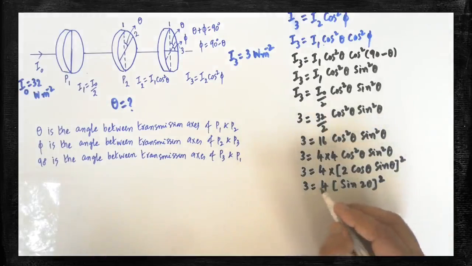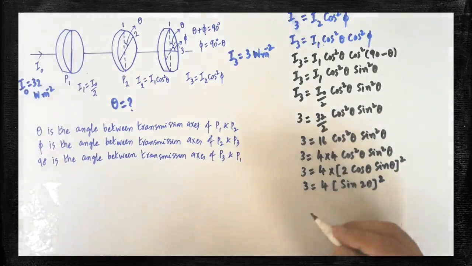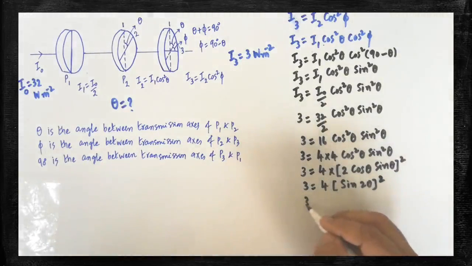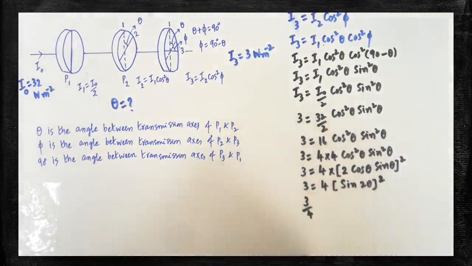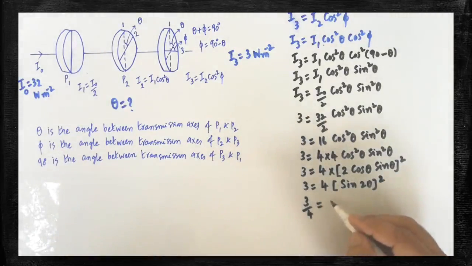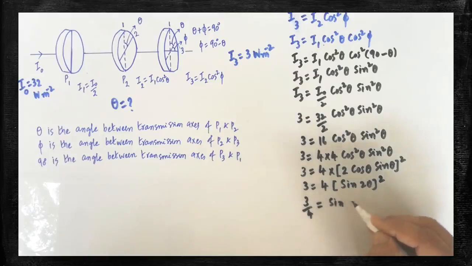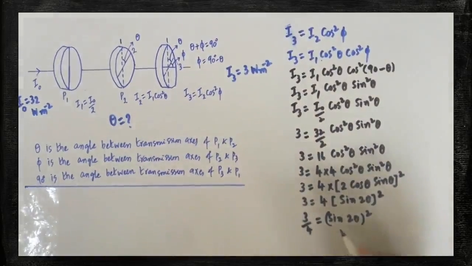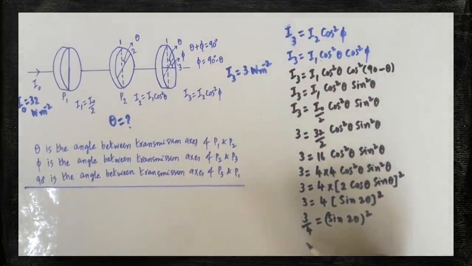And then this 4 can be cross multiplied. That one becomes 3 by 4, which is equal to sin 2 theta whole square. Here take square root on either side.